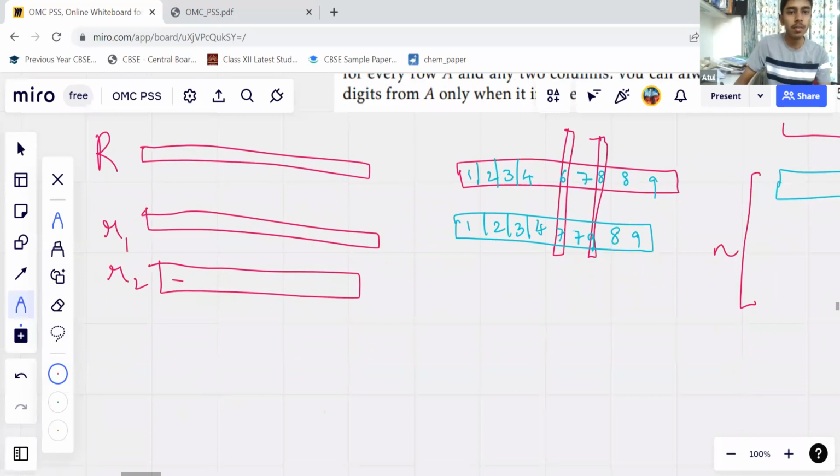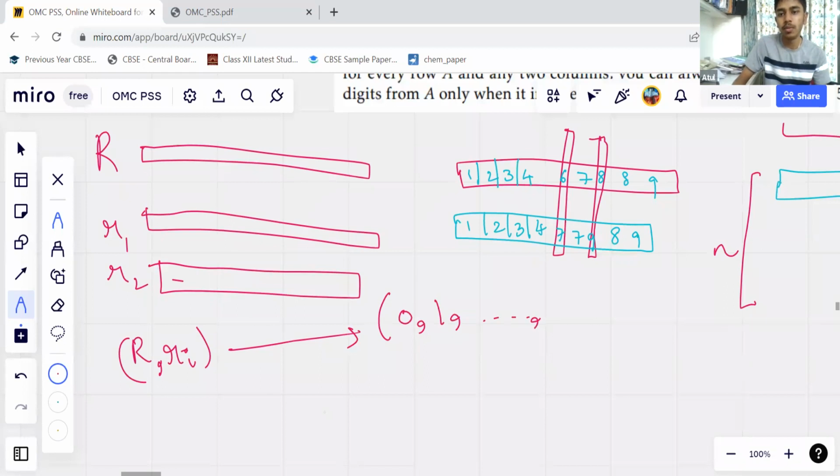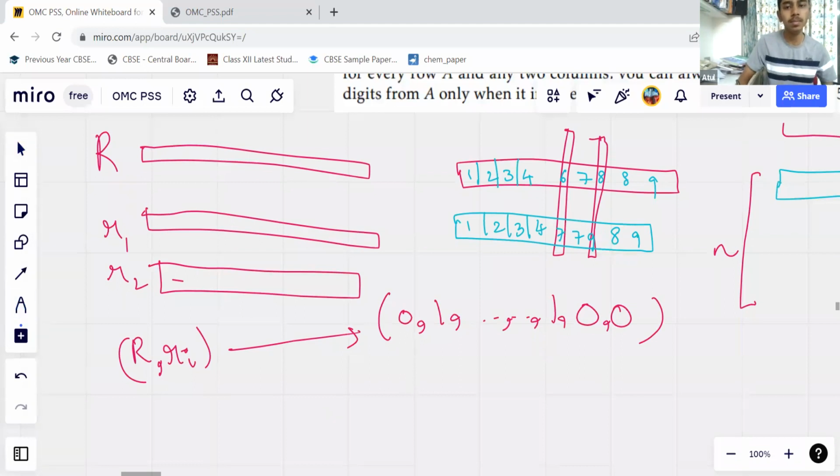To every pair of the form R comma Ri, we'll assign some sort of tuple where the ith digit of this tuple is 0 if they're the same in that spot, and 1 if they're different. So we know that for every pair of ones that you can have, there will be some tuple that satisfies this.